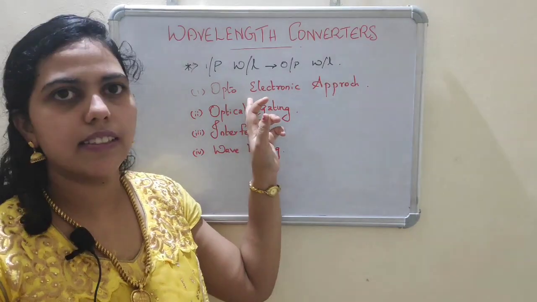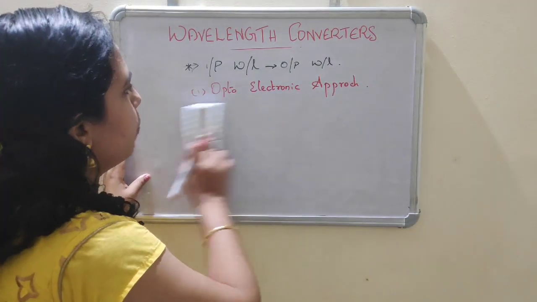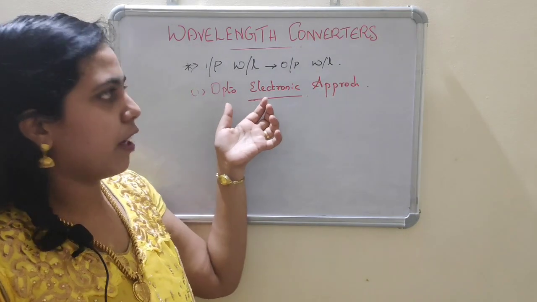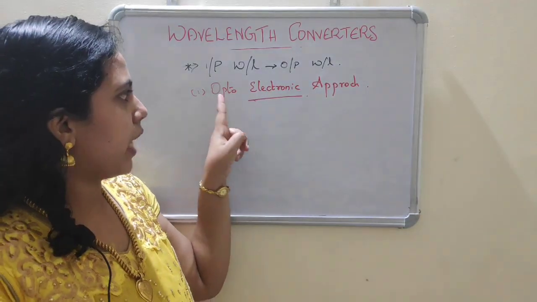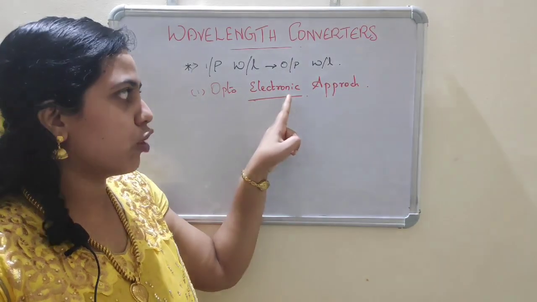First we are going to discuss the optoelectronic approach. From the name itself we can know that optoelectronic means it will convert the optical signal to an electronic signal.